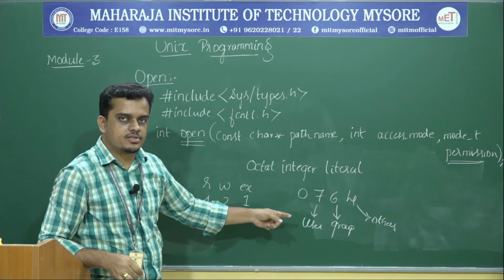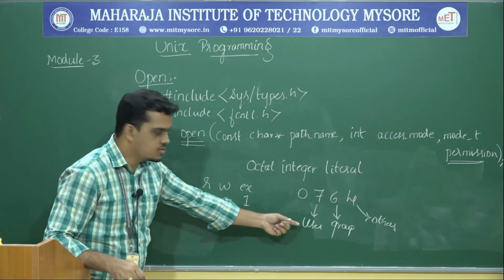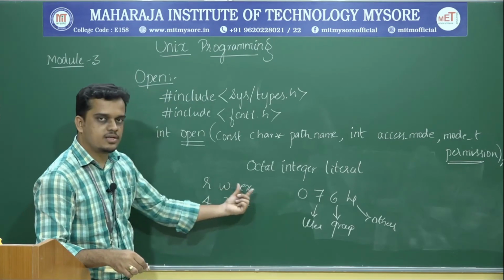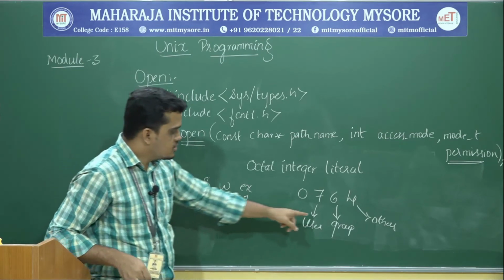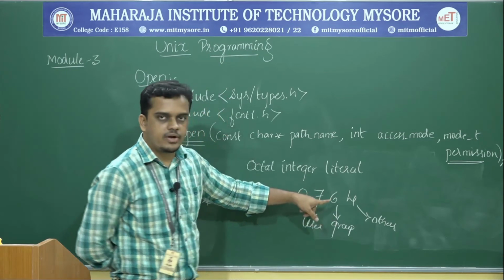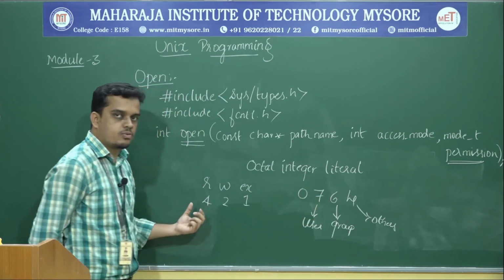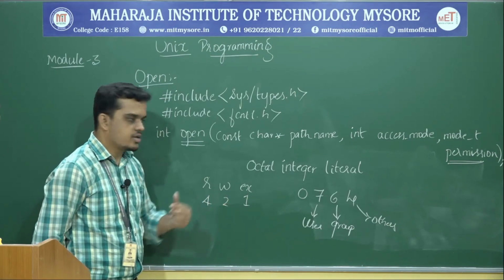If the value specified is 7, it means that the user is given read, write as well as execute permission. For example, in this small example, if the group value has been given as 6, it is understood that the group is permitted for read and write operation only and not execute.